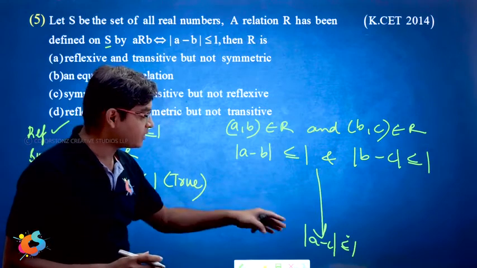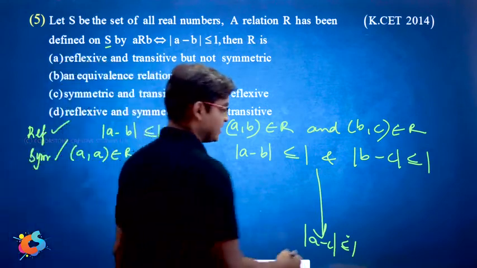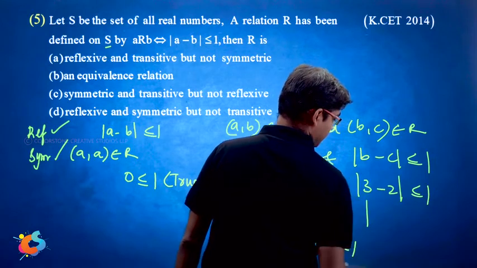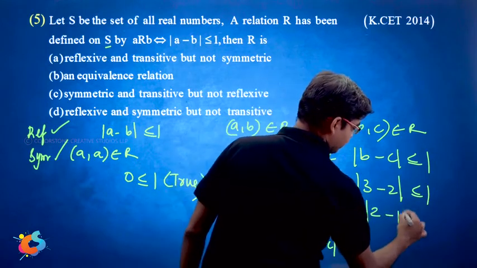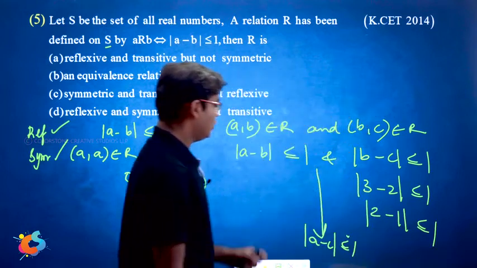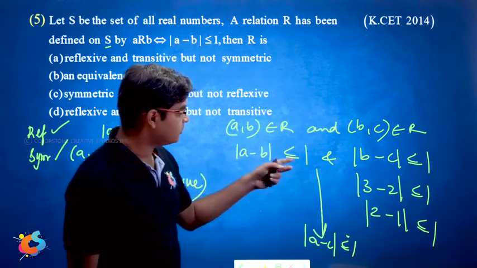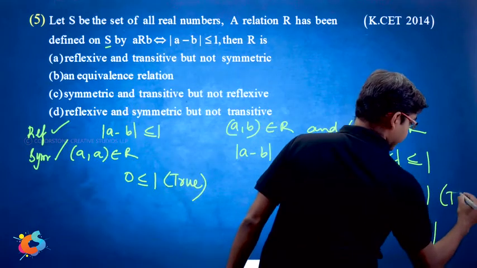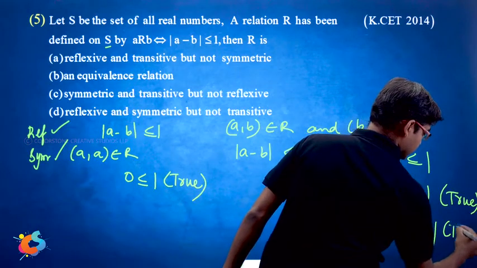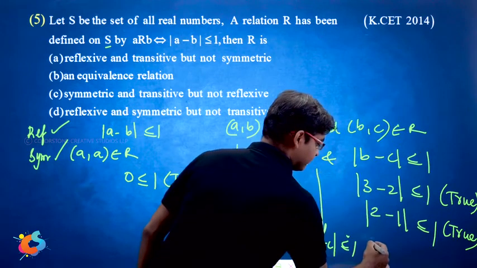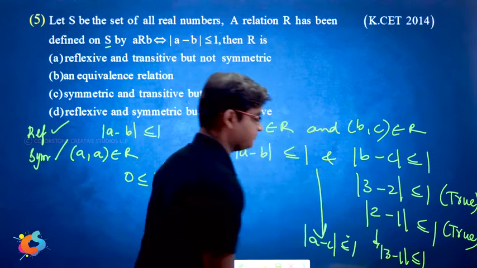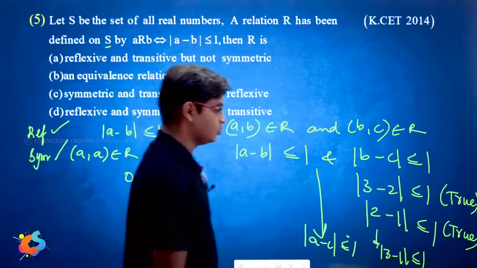It will not happen. The reason being, I will give you an example. The modulus of 3 minus 2 is less than or equal to 1. The modulus of 2 minus 1 is also less than or equal to 1. These two are true. Then from here I would have to say that the modulus of 3 minus 1 is less than or equal to 1, which is not true.